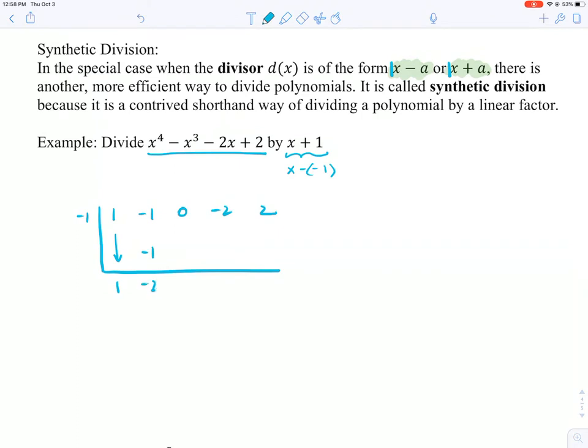Now we add straight down and get -2, and -2 times -1 is 2. We add straight down to get 2. 2 times -1 would be -2. We add straight down. And then -4 times -1 would be 4. Then we add straight down and we'll get 6. And this last column is always going to be the remainder.